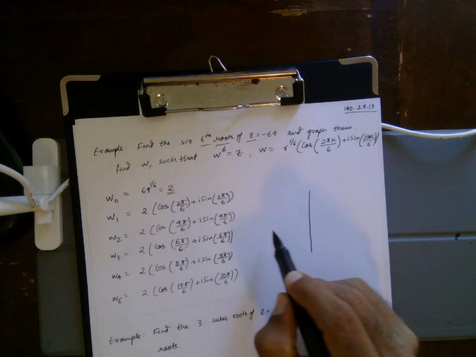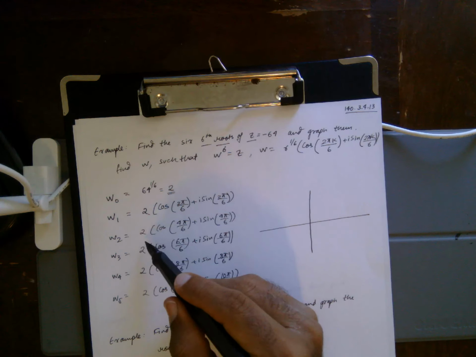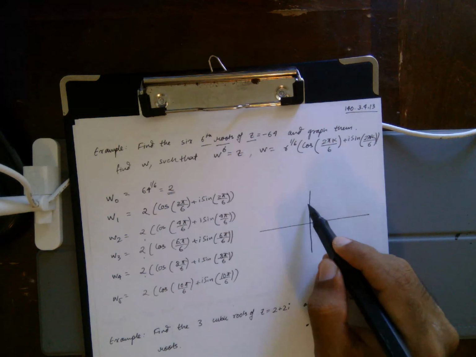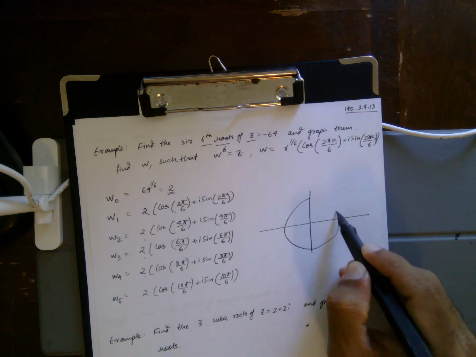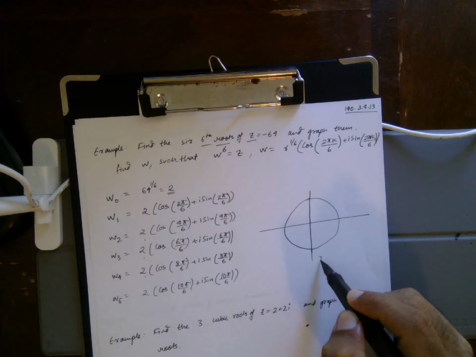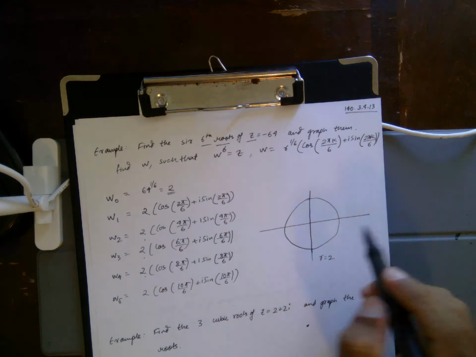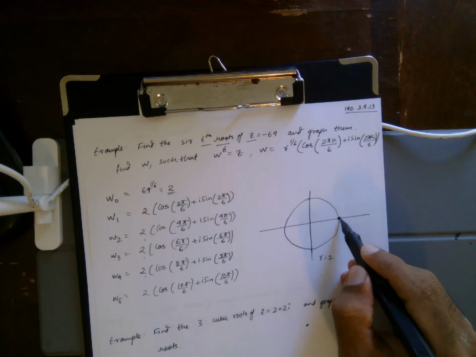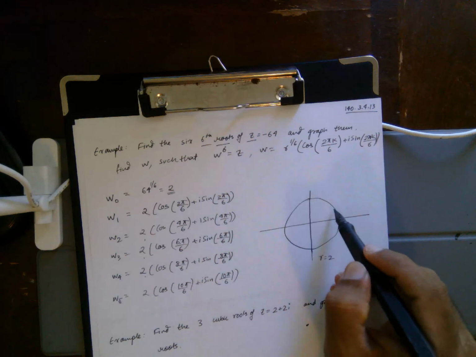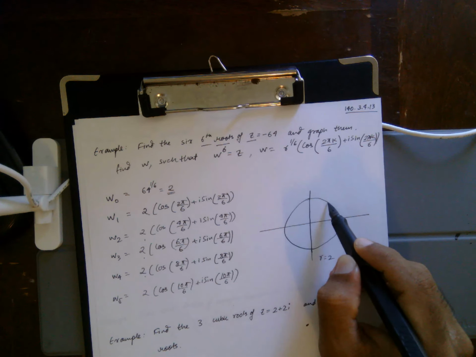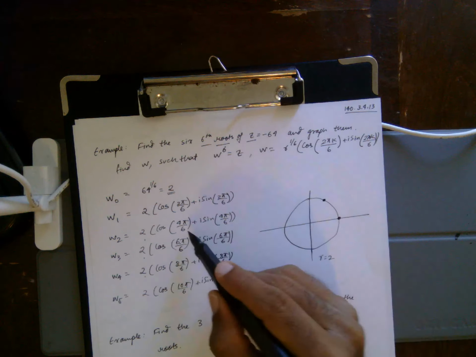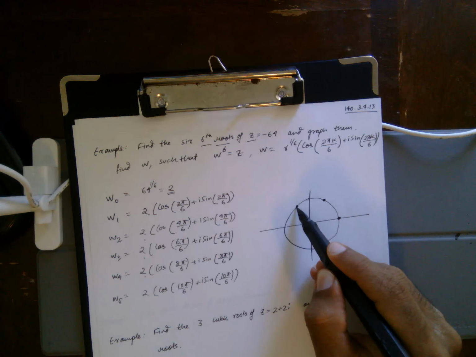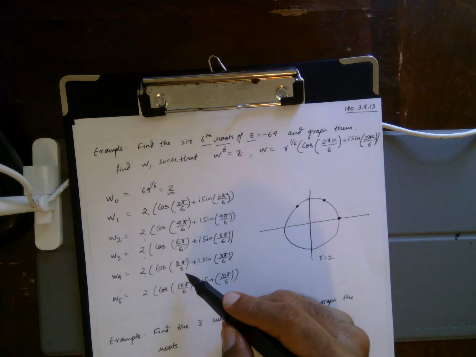Let's plot them. Each of these in their polar form have r equal to 2. So they lie on the circle corresponding to radius equals 2. This has an angle of 0. This is pi over 3. Pi over 3 is 60 degrees, so somewhere here. 2 pi over 3 is 120.